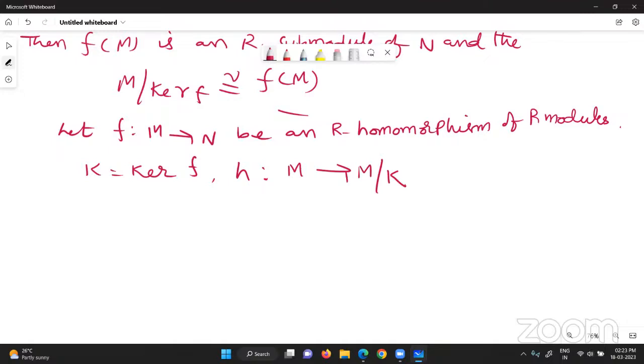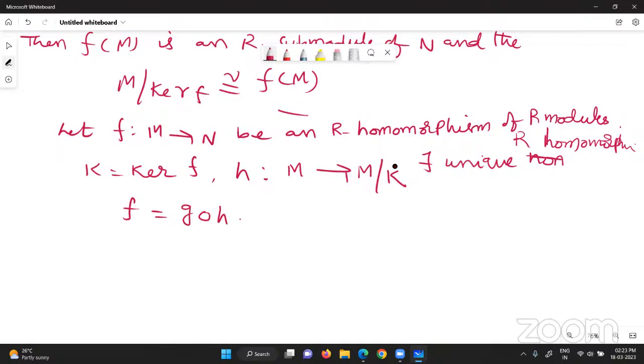Then there exists a unique R homomorphism G from M by K to N such that F is equal to G circle H.